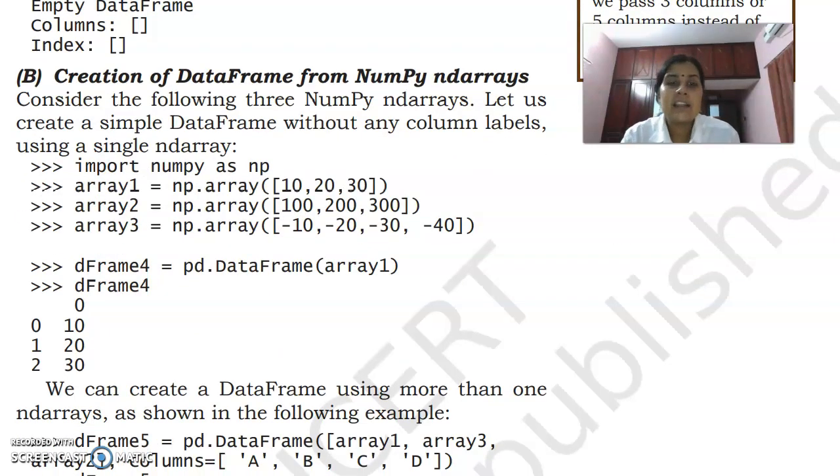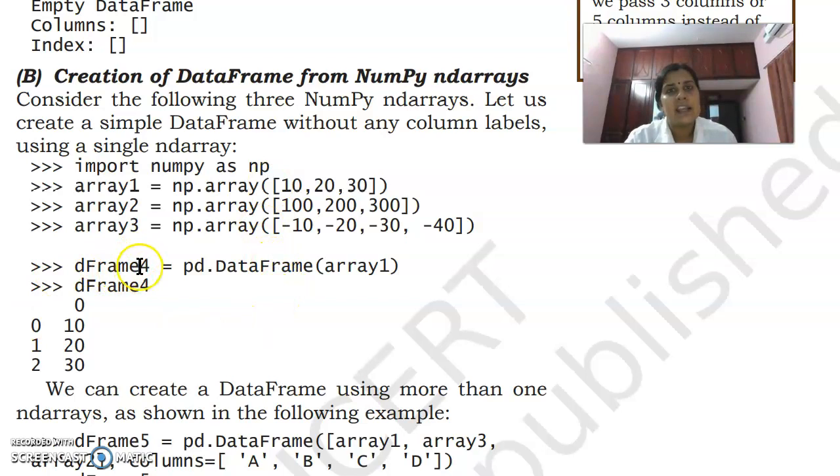Second method is creation of data frame from NumPy ndarrays. We can import NumPy. We have done this also in series. Syntax is the same. Here we are supplying array1 equal to np.array of 10, 20, 30. We are using three values, 100, 200, 300. So np is the NumPy variable like in series.